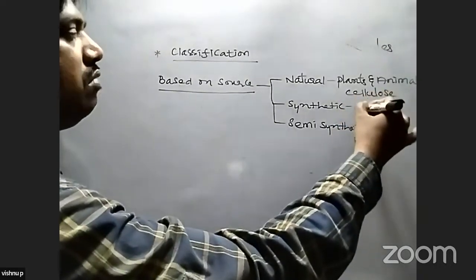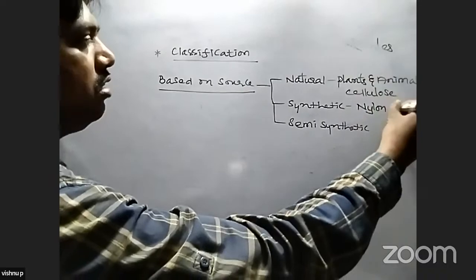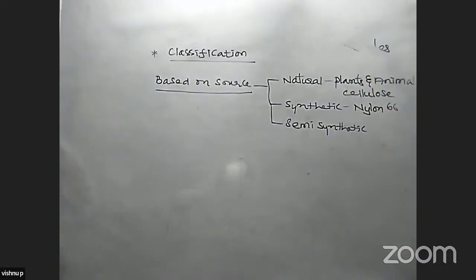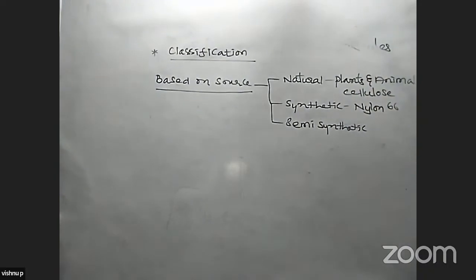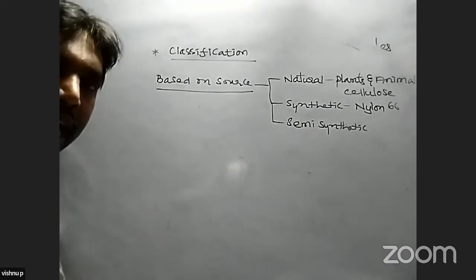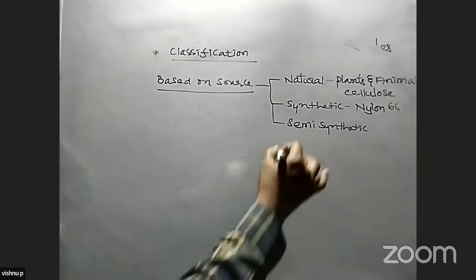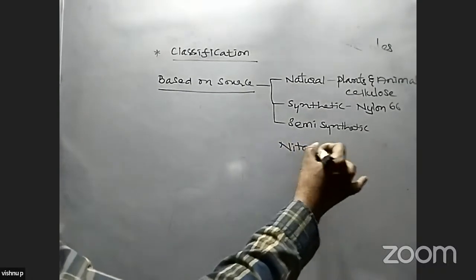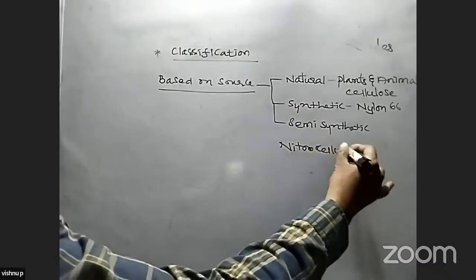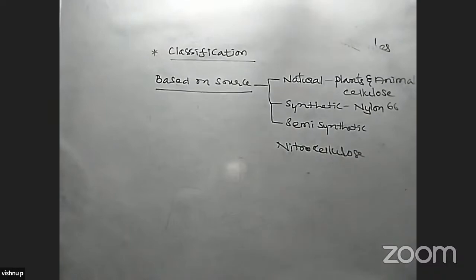One example is nylon 6,6. Semi-synthetic polymers contain both natural and synthetic polymer units. Example, nitrocellulose. So based on source, polymers are divided into natural, synthetic, and semi-synthetic polymers.